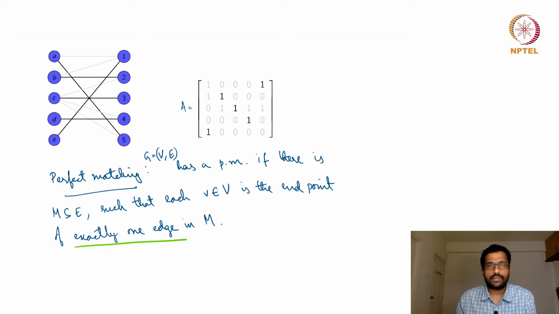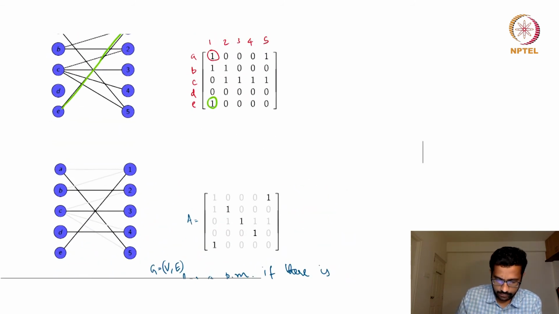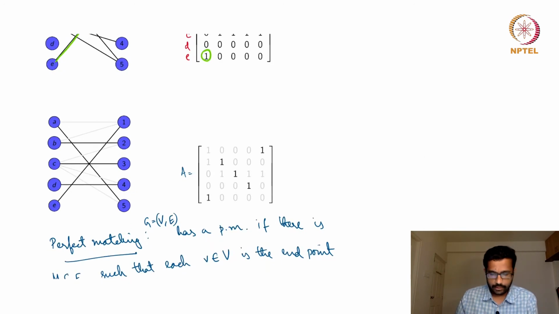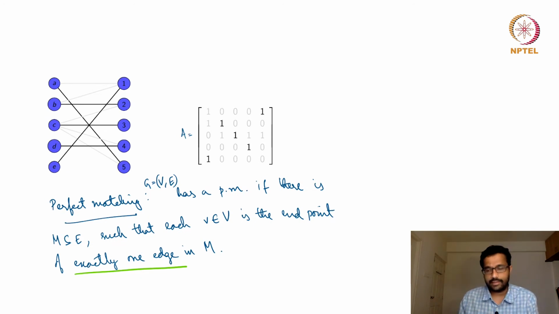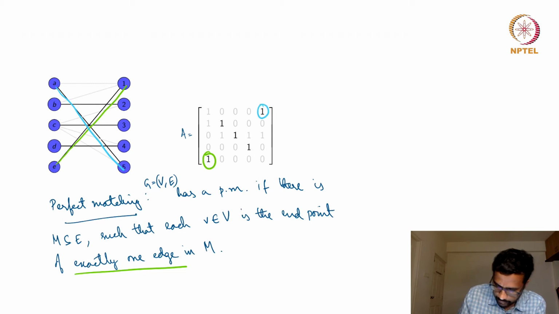It is not at most, it's not at least, it's exactly one edge in M. And for the above graph, we have chosen a perfect matching here. So A appears once, B appears once, C appears once, E appears once, everything, and same for 1, 2, 3, 4, 5. And correspondingly, I have highlighted the ones in the adjacency matrix that correspond to these edges. Right. So A5, right. So the E1 is this one, and A5 is this one, right, and the other ones you can see.